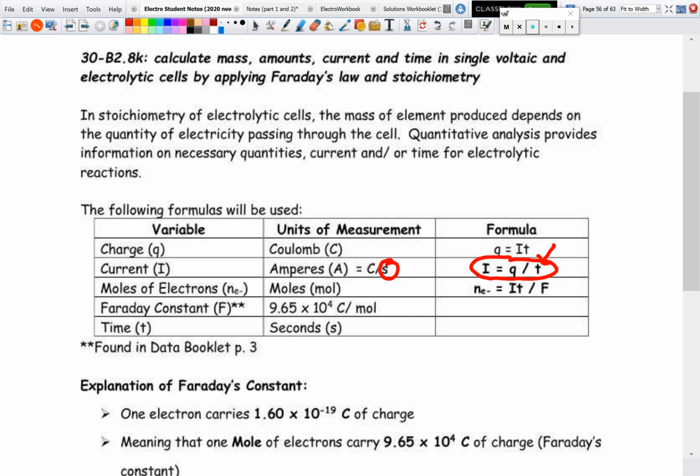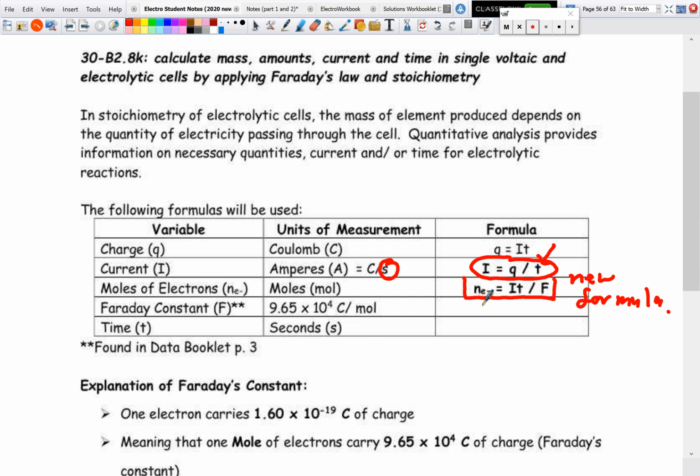So this is our new equation revolving around the number of moles of electrons, specifically because we're going to be dealing with half reactions. This is our new formula right here, which we'll break down a little later. We have the number of moles of electrons.